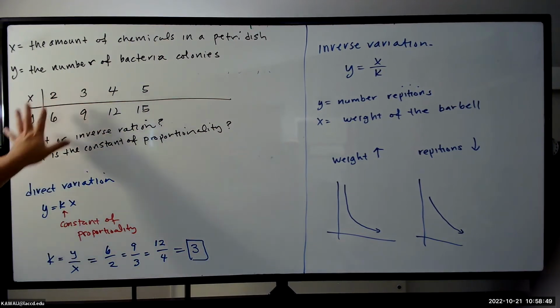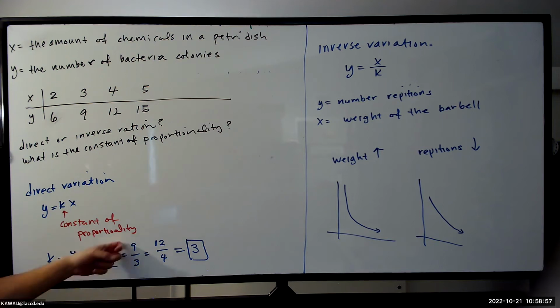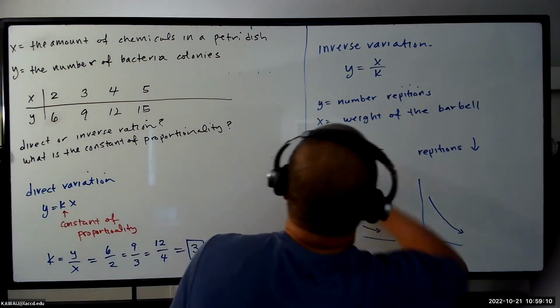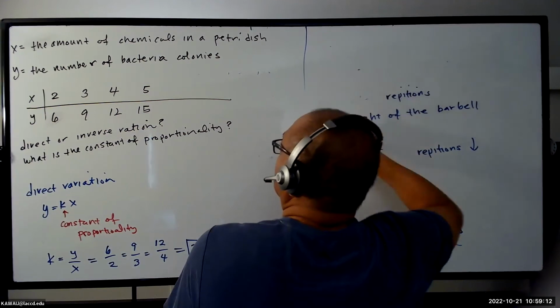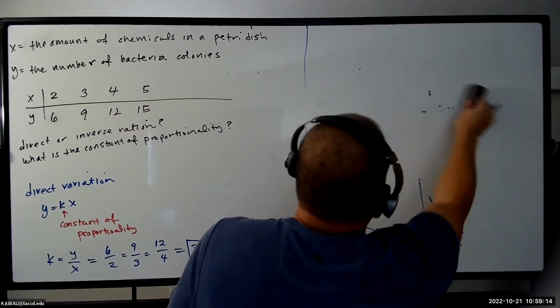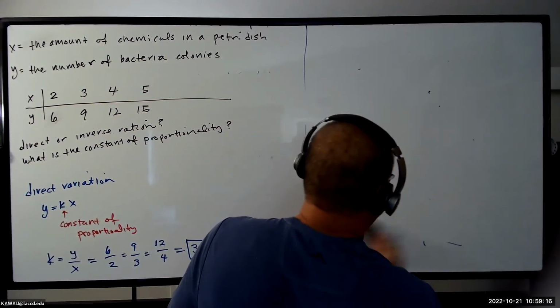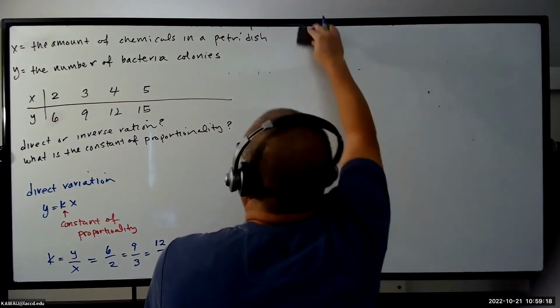So if you look at this and you're not sure whether it's a direct or inverse variation, just divide the two numbers, and if you don't get the same number every time, it's not direct. Now the other way of looking at this. Let me give you another table with the same questions and the same setup. All right, so go ahead, copy that.